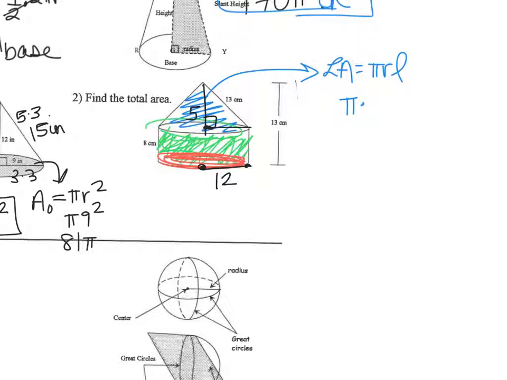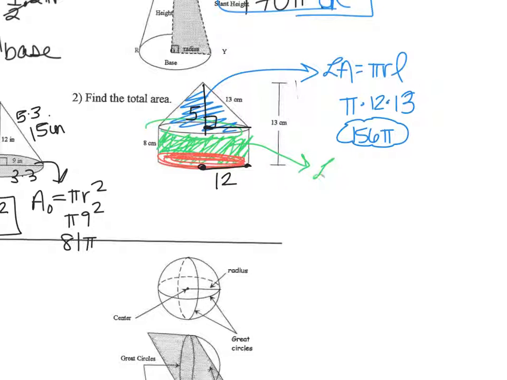So let's go back to the lateral area would be pi times the radius of 12 times your slant height of 13. And then we get 12 times 13 is 156 pi for the lateral area of the cone. Now let's get the lateral area of our cylinder.